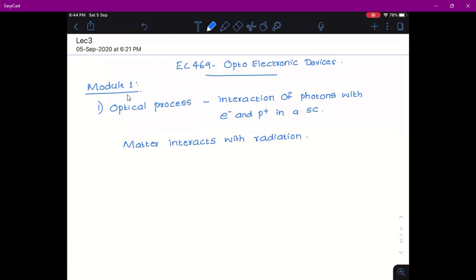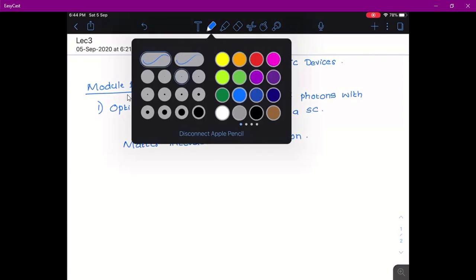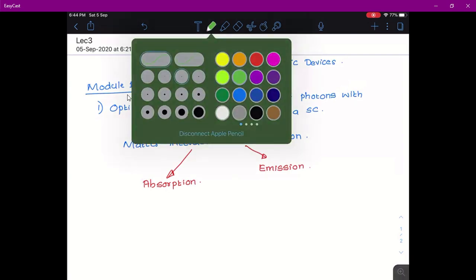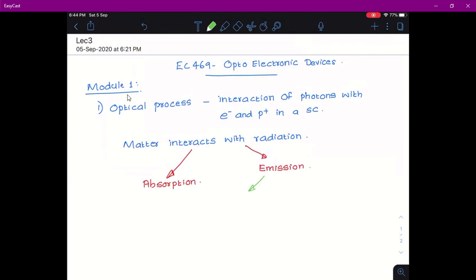So, how does this interaction happen? Basically, it happens in two ways. One is called absorption, and the other is called emission. Now, emission can again be classified into two, which is spontaneous emission and stimulated emission.